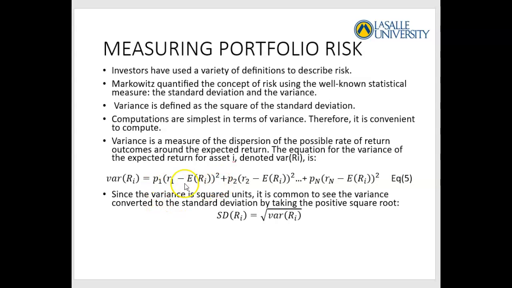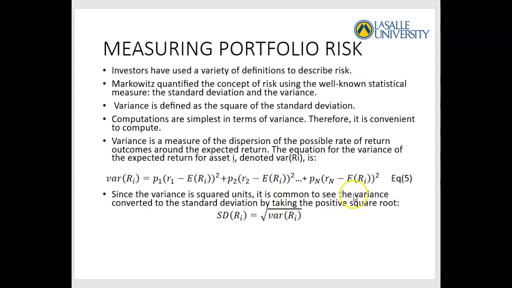And we do that for each possible return value. Take its difference from the expected return, square it, and multiply it with the respective probability for that return value. So we're going to demonstrate an example just to learn how to use this formula correctly.